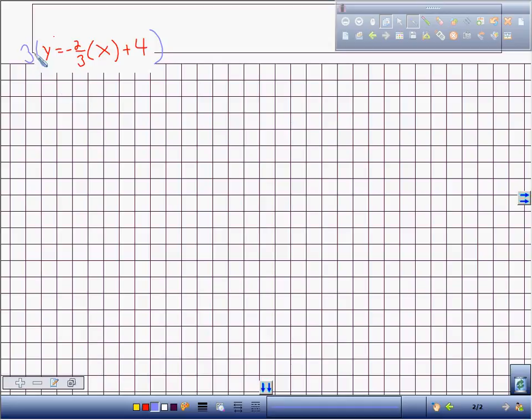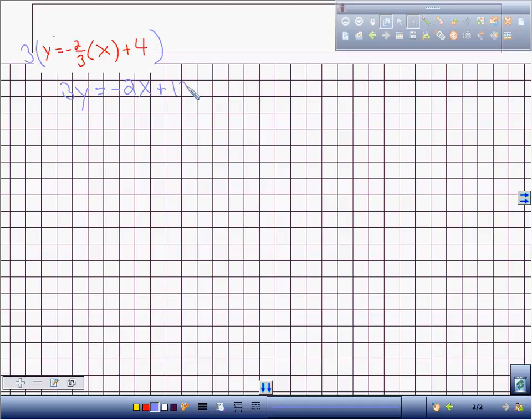So 3 times y is 3y. And 3 times the fraction cancels, and I'm just left with negative 2x. And what's 3 times 4?